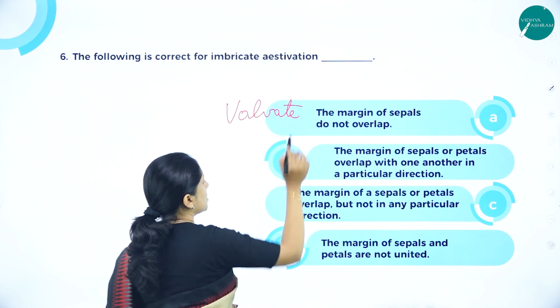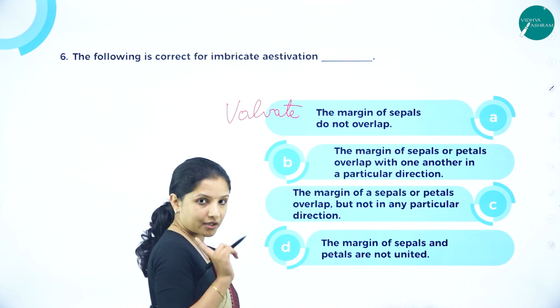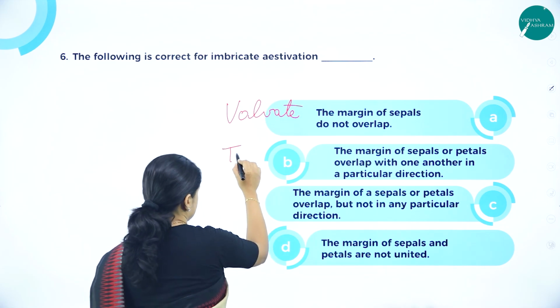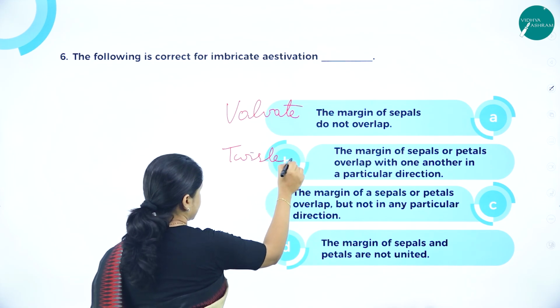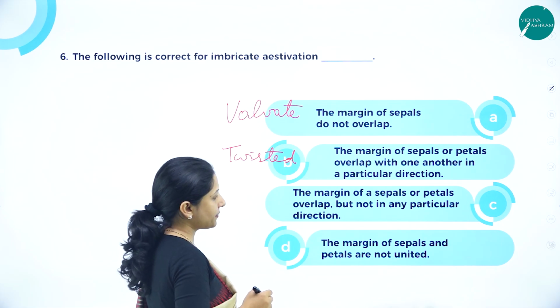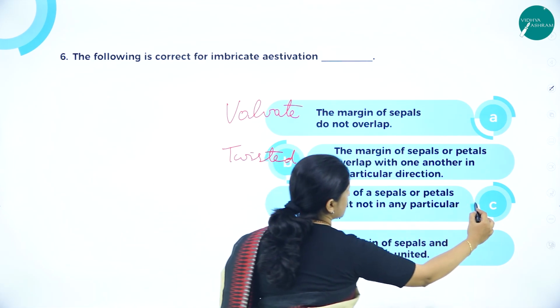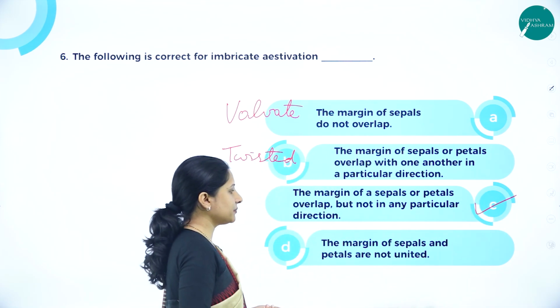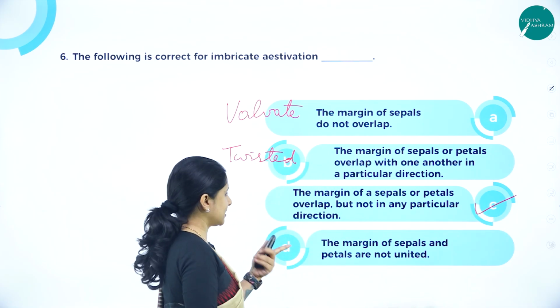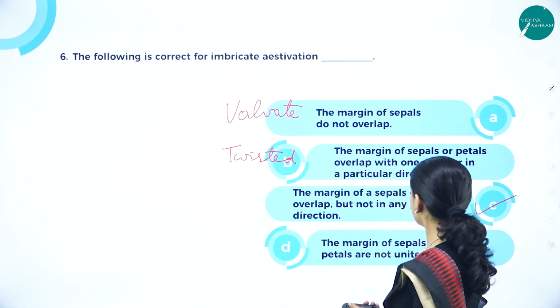If the margins of sepals or petals overlap with one another in a particular direction, it is twisted estivation. If the margins overlap but not in any particular direction, it is called imbricate estivation. The margins of sepals and petals being not united has nothing to do with estivation. So the right answer here is option C.